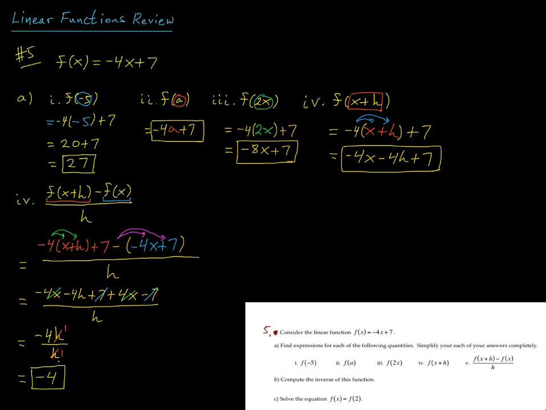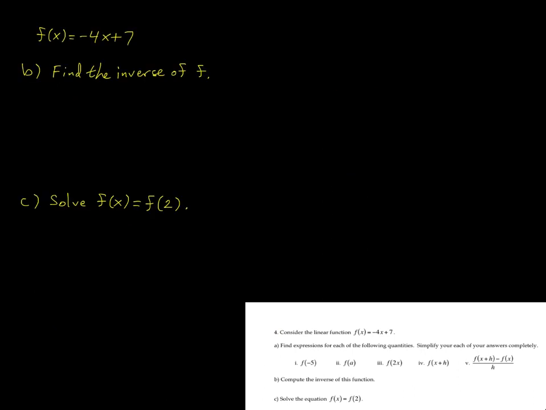Okay, great. So now let's move on to part B. It says compute the inverse of this function. This is what we were doing back in section 13.3, where we talked about inverse functions.